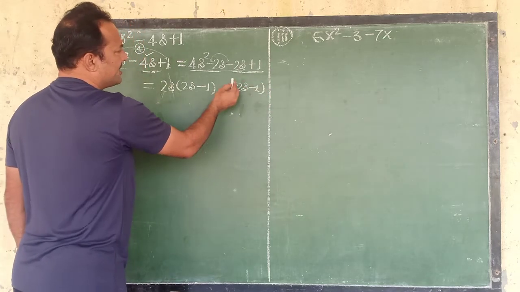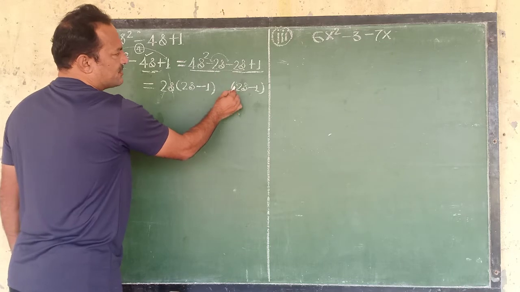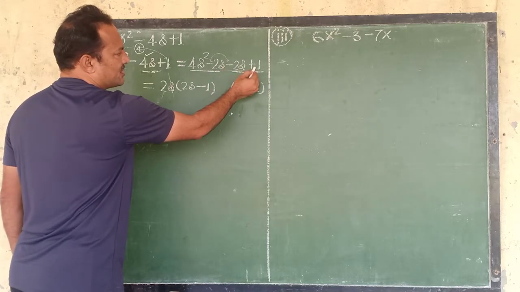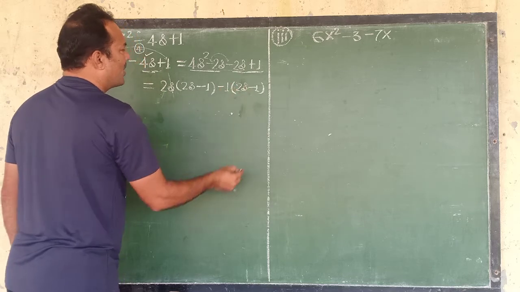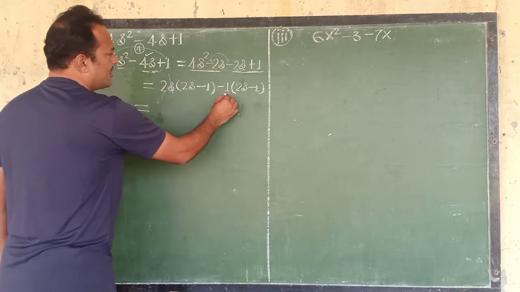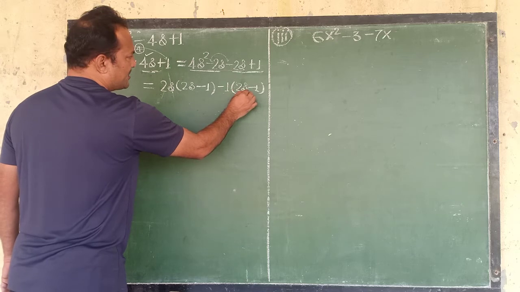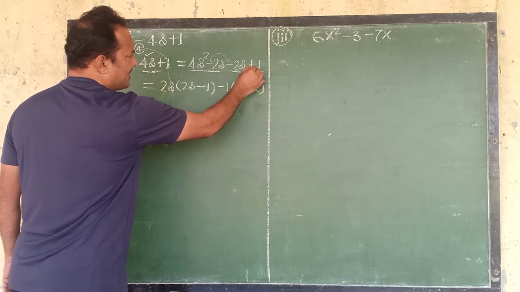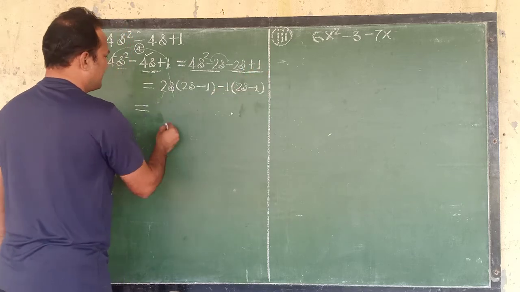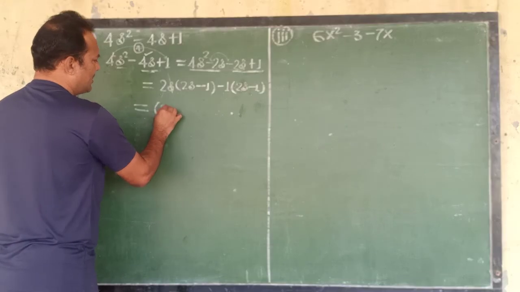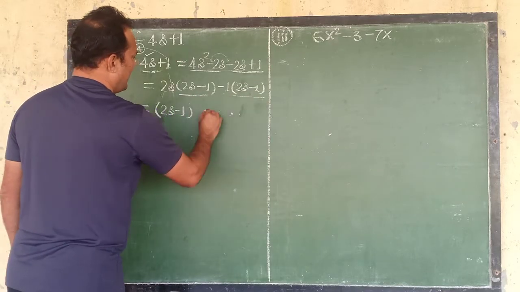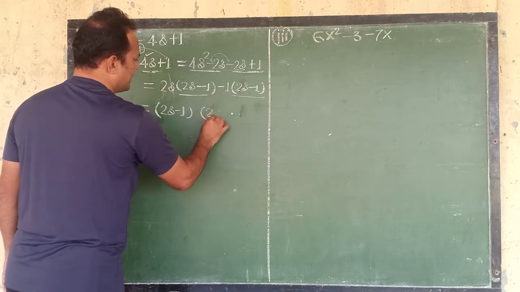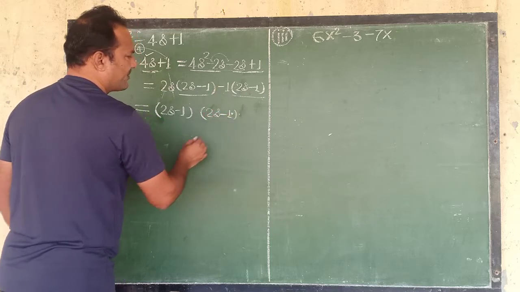But here we need the opposite. This is positive, here negative is given. Then we multiply this one by 1. If we multiply, we get minus 2s, and we get plus 1. Then what are the factors? 2s minus 1 and 2s minus 1.